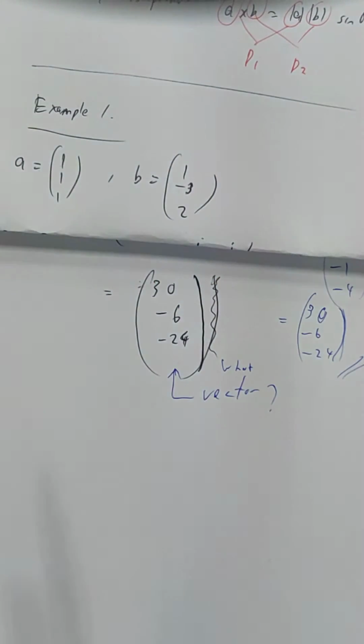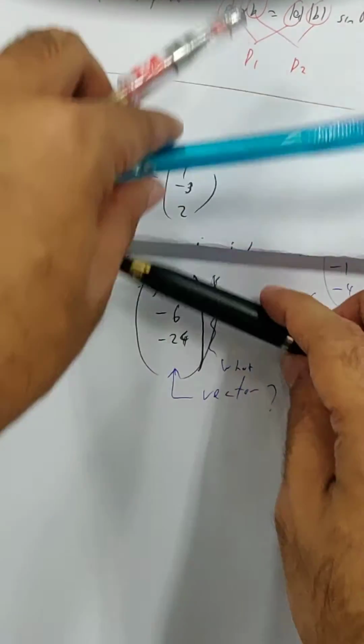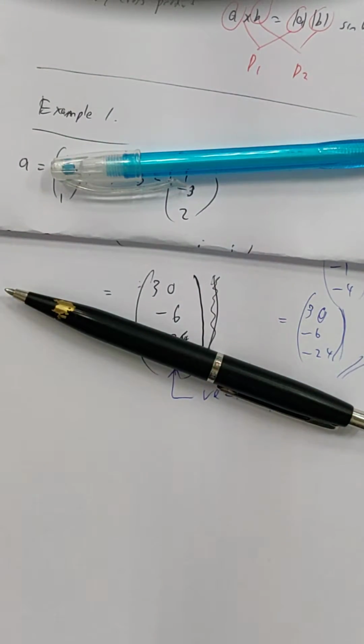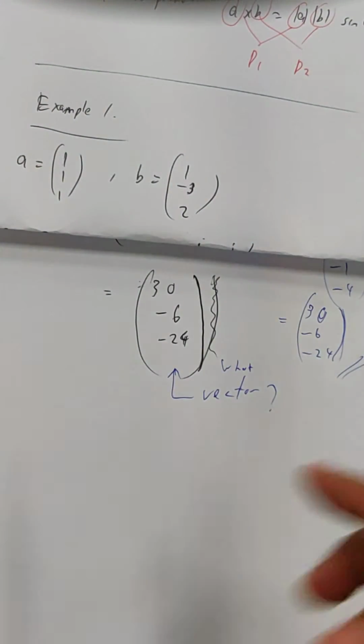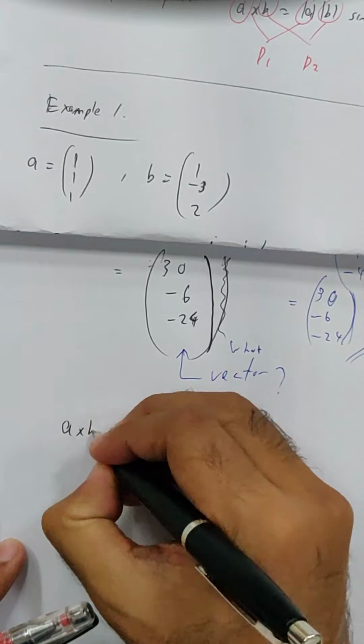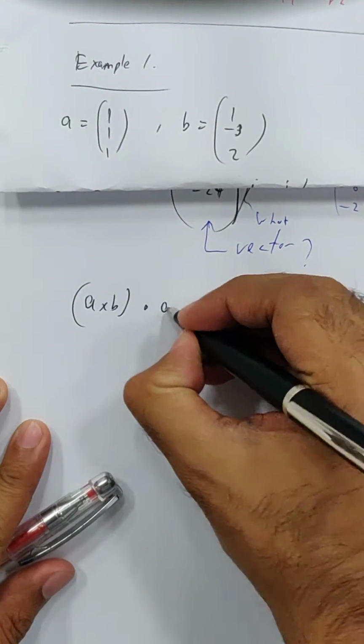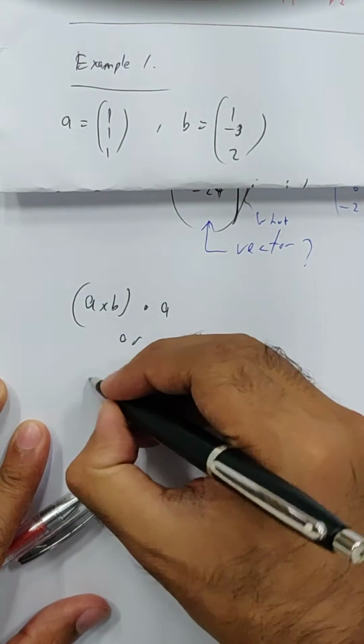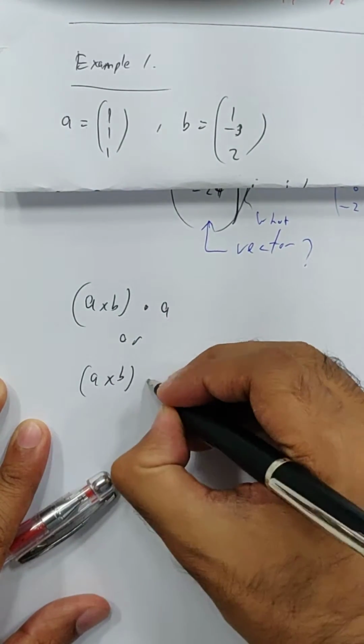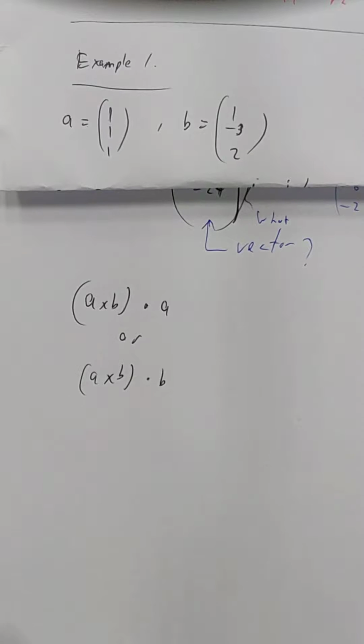Okay, now I have a question. What happens if A cross B we dot with A, or A cross B we dot with B? What will it be?